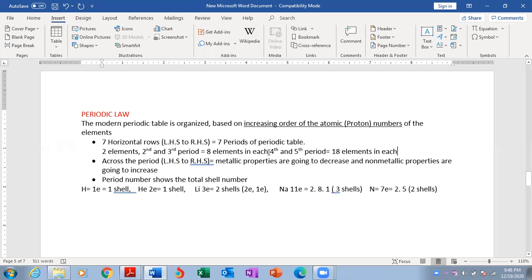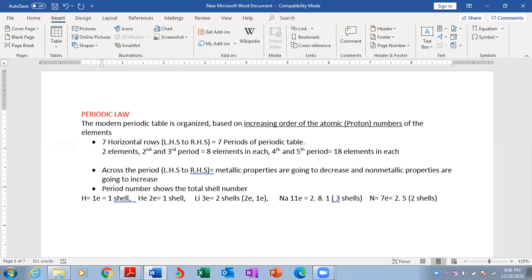And the last thing that we have studied, the sixth and seventh periods have 32 elements in each.